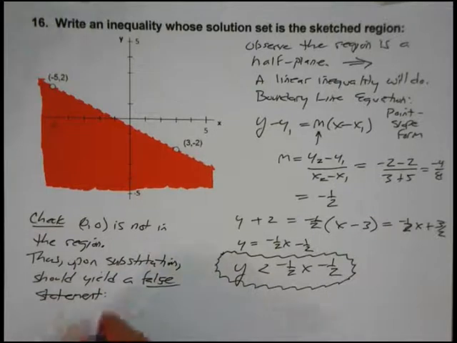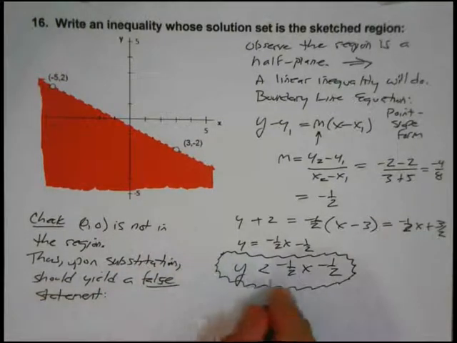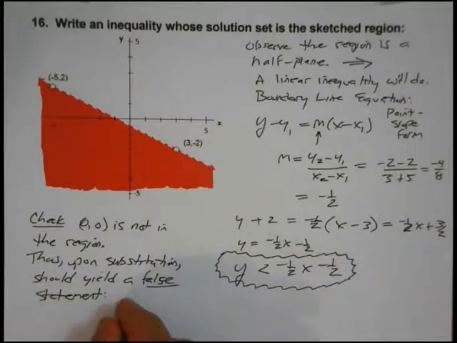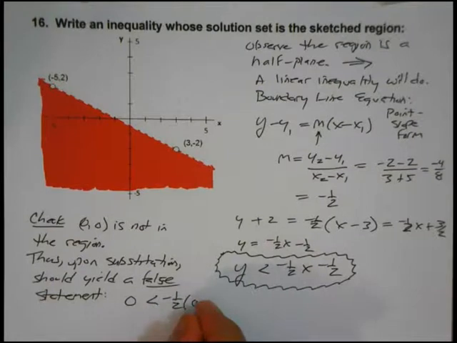Alright, let's substitute in 0, 0 to our claimed inequality and see what happens. 0 for y less than negative 1/2 times 0, negative 1/2, subtract 1/2. This simplifies to 0 less than 0 minus 1/2. 0 less than negative 1/2?